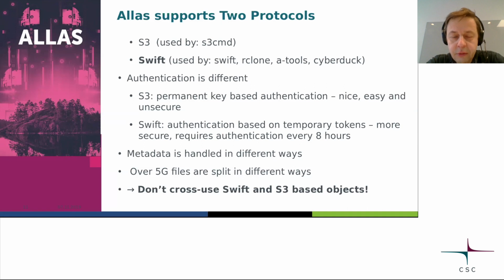Once you have the configuration tool installed, it's automatically there in Taito and Puhti, and you can also use it locally. With this tool you can create a key which allows you a permanent connection to your Allas project at CSC. It's nice and easy, but it's a bit unsecure, especially in the case of shared user computers like Puhti or Taito.